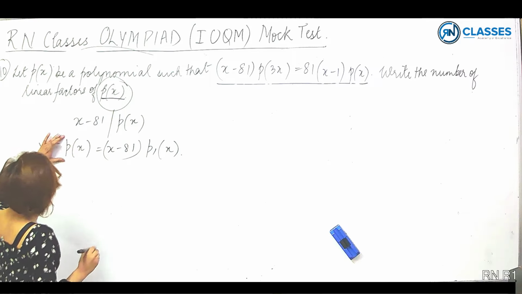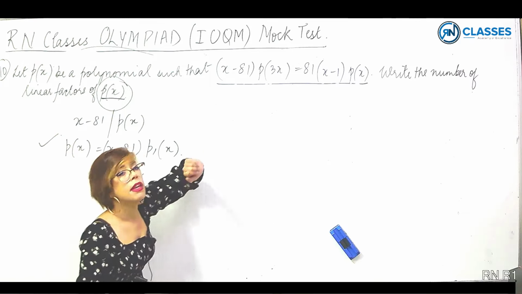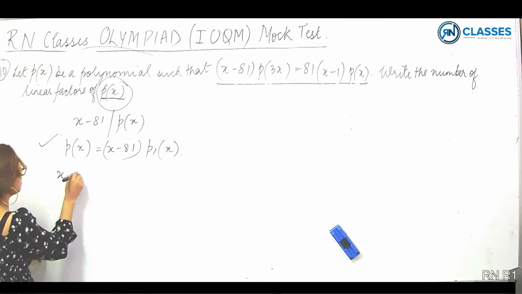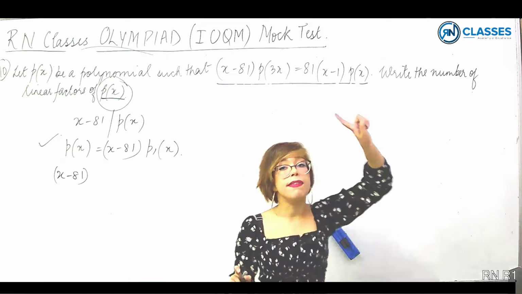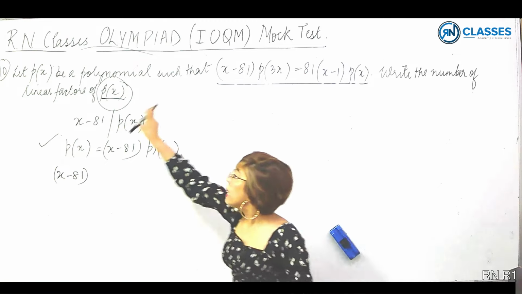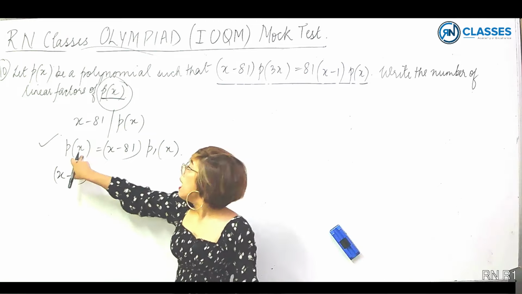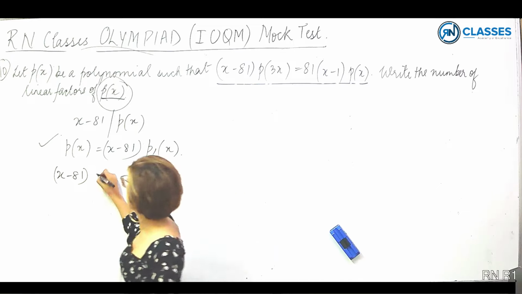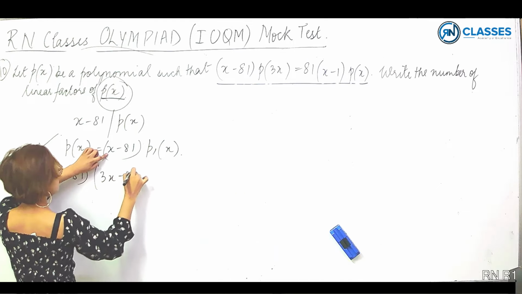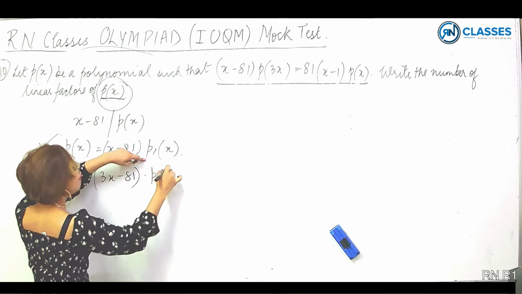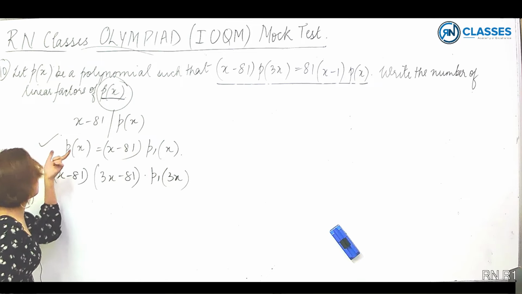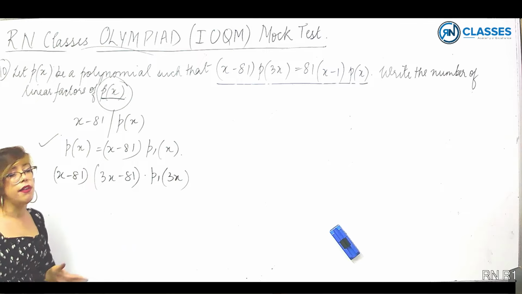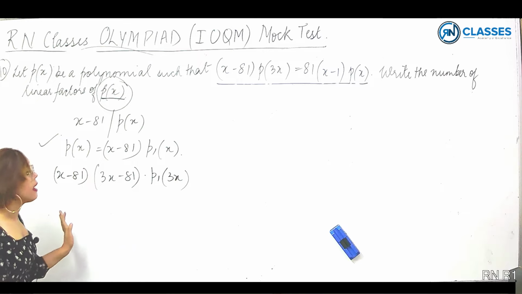Right? So this I have established. So let me put the value of P of x over here. Right, so x minus 81 as it is into, now this P of 3x, it is not P of x, x की जगह 3x है, यहाँ पे डाला, x की जगह 3x, तो यहाँ पे भी 3x minus 81 into P1 of 3x. Right, you can first write the step P of 3x if you are worried that you commit an error, otherwise you can write it directly.